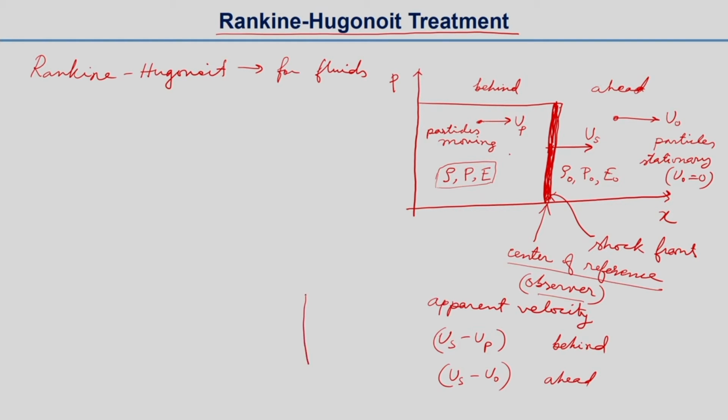Suppose this is the shock front, so the fluid moving inside the shock front will have an apparent velocity, because the center of reference is at the shock front.